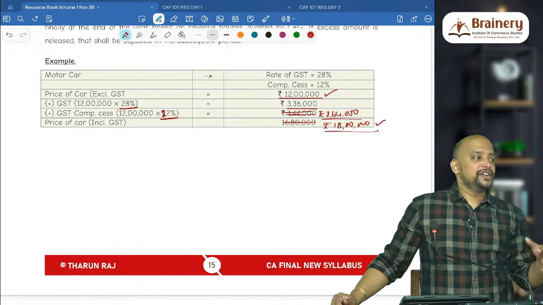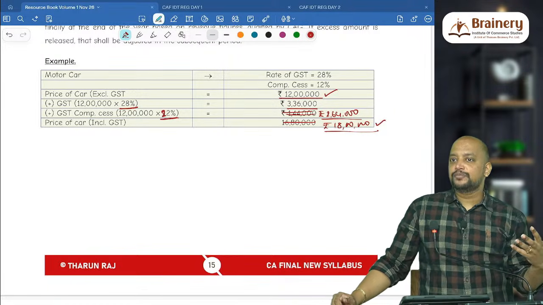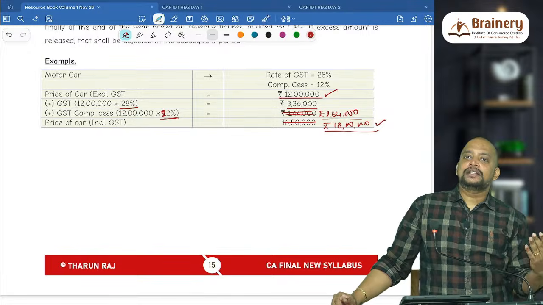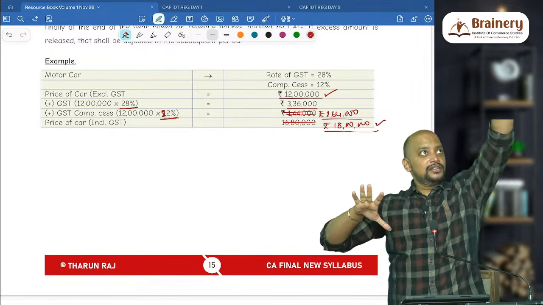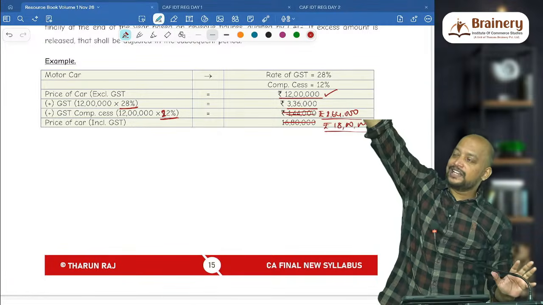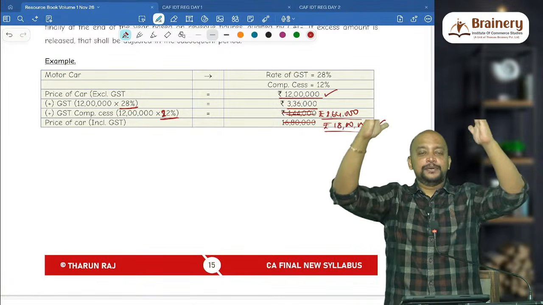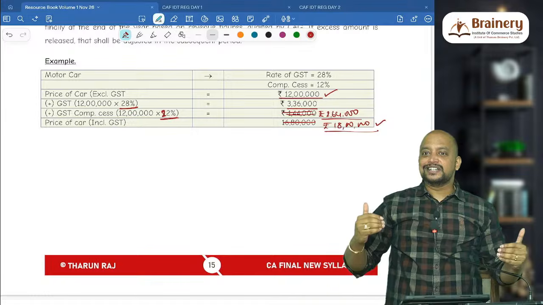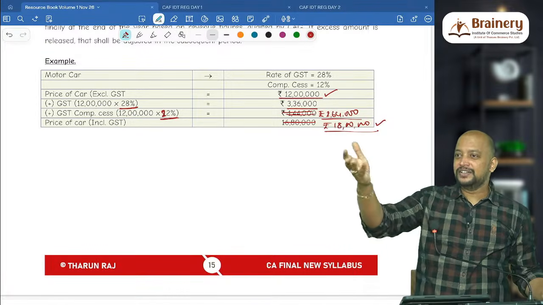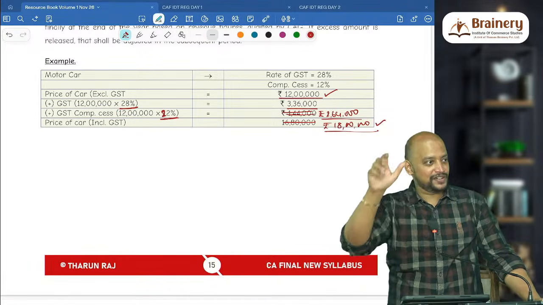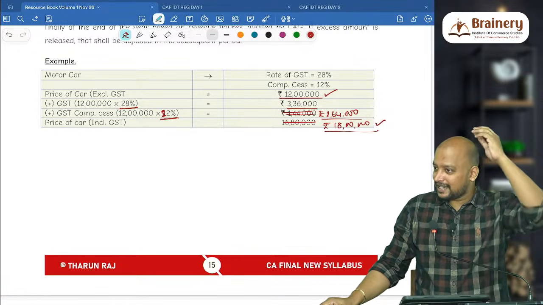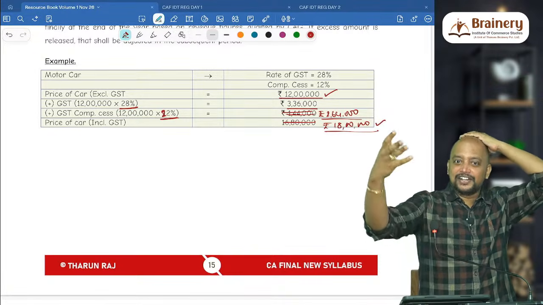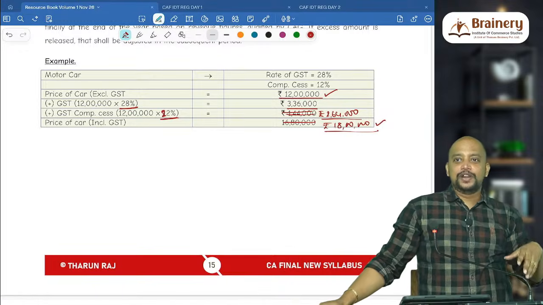Wherein they praised Modi ji and Nirmala Sitharaman, full-page ads in The Hindu, Times of India and all. This side Modi's photo, this side Nirmala Sitharaman's photo, and in the middle, GST savings, some Hindi word, I don't know what that is, some nice slogan they were telling. Like, Aur Ek Bar Modi Sarkar.